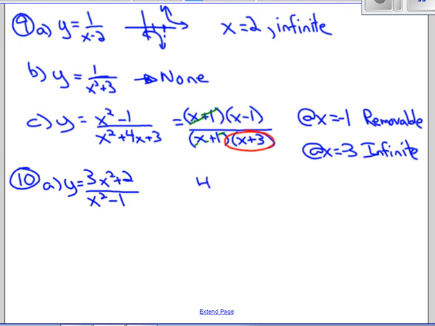Horizontal asymptotes: if the powers are the same on top and bottom, then it's just the highest power of the top divided by the highest power of the bottom, which is going to give us y equals 3. Vertical asymptotes come from splitting this.